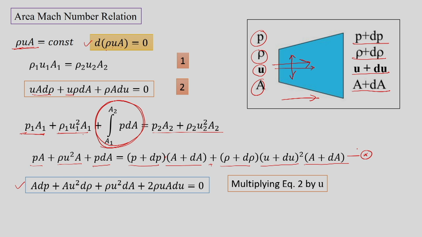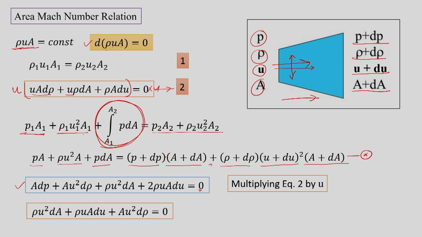Let us star this. Let us take the expression which is equation number 2 and multiply this equation completely, both sides, by u. So, 0 into u is 0, but these three terms would get multiplied by u, and then we have an expression which is rho u square dA, plus rho u A du, plus A u square d rho.